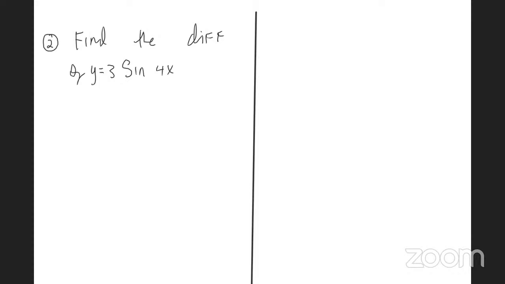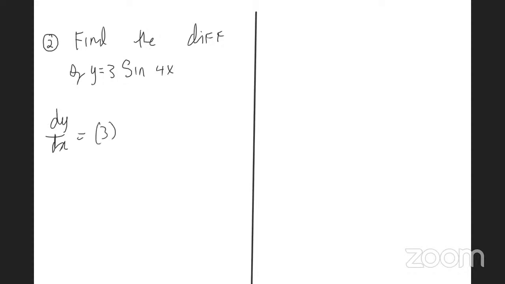Right, so using the shortcut method, Shannon, help me out. What do we do with that 3? Let's leave it right there.